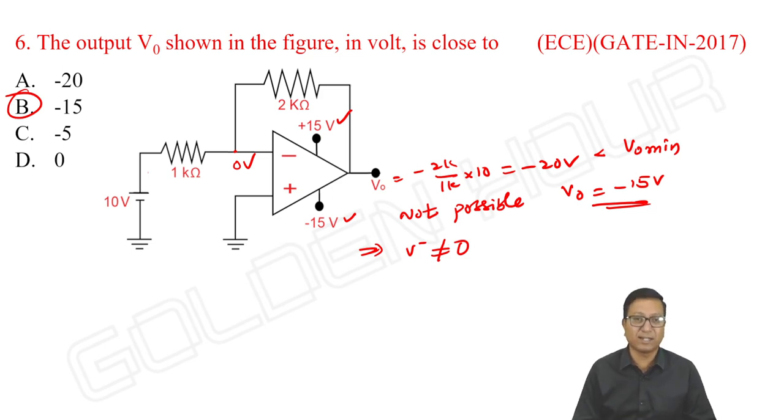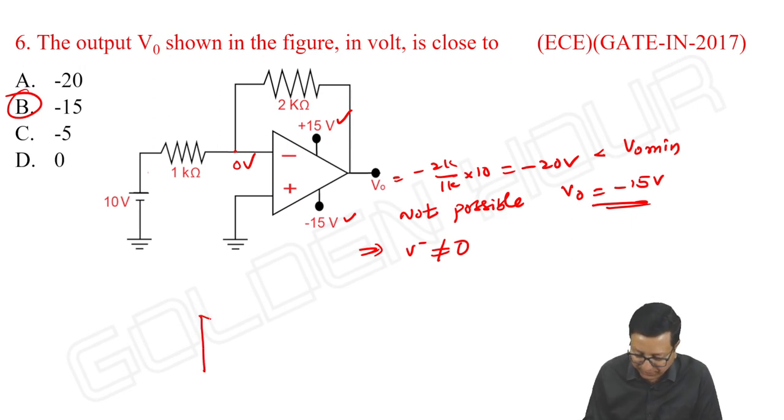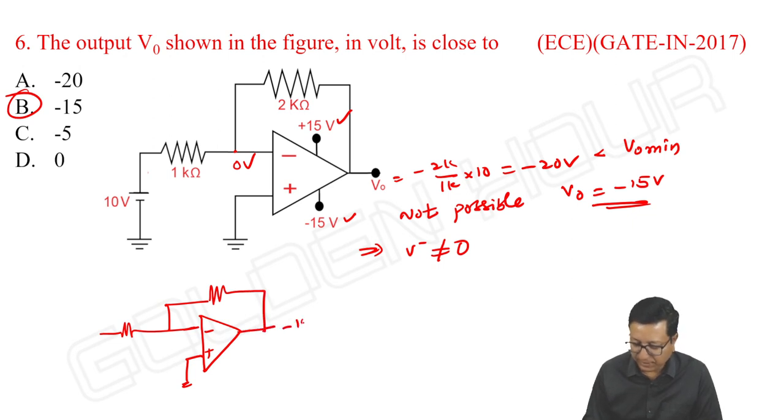If you want, you can calculate what it might be. We know the procedure, of course. Okay, out of curiosity, I want to find what is V minus. Here it is minus 15 volts, 2K, 1K, 10 volts. It is V minus, sorry, not V plus, V minus.